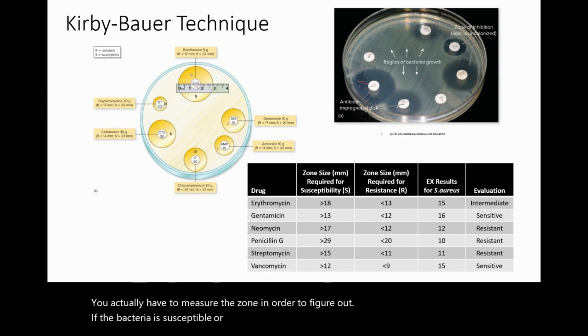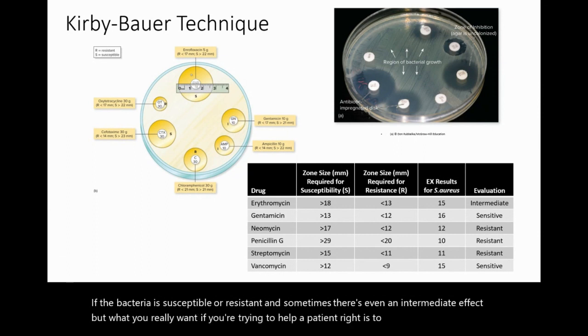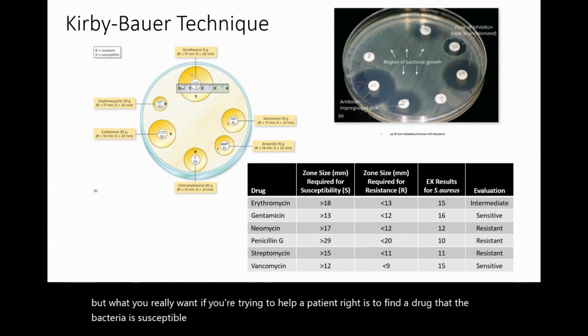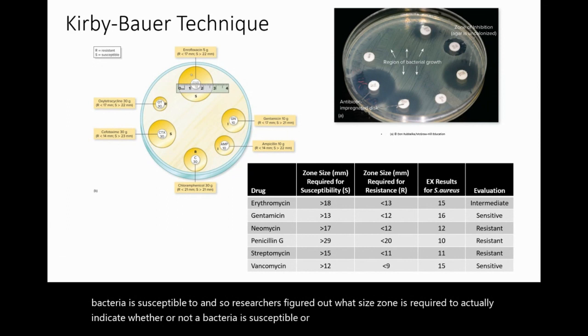And sometimes there's even an intermediate effect, but what you really want if you're trying to help a patient, right, is to find a drug that the bacteria is susceptible to. And so researchers figured out what size zone is required to actually indicate whether or not a bacteria is susceptible or resistant to a drug.